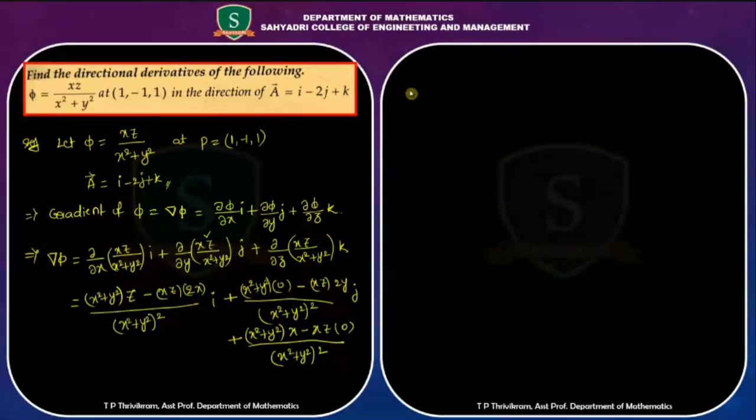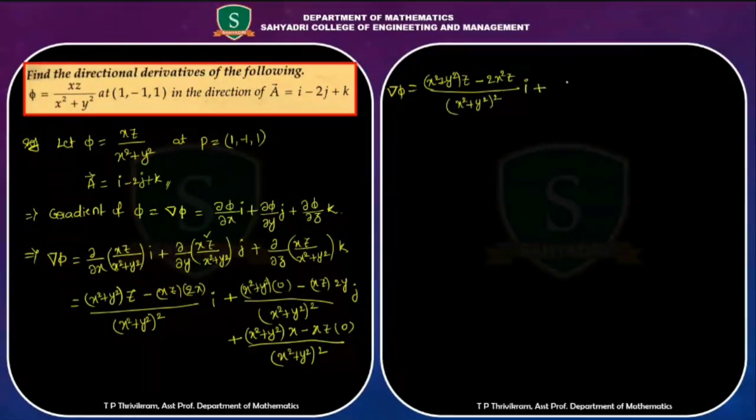Okay, so now proceed to find the del phi value. So del phi is equal to, first term, x square plus y square into z minus 2x square z, divided by x square plus y square whole square, into i.